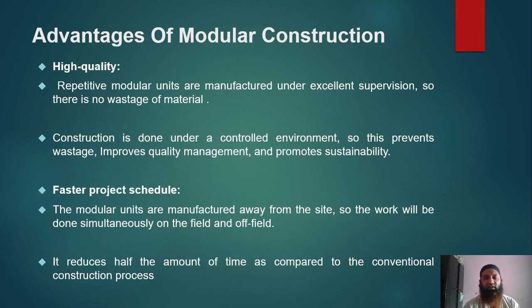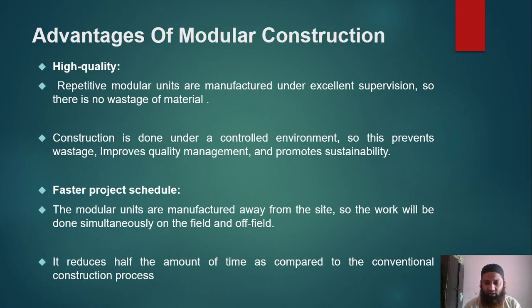You can see the advantages of modular construction: high quality. Repetitive modular units are manufactured under excellent supervision, so there is no wastage of material, whereas in on-site construction there is a lot of wastage of material, which might increase our cost of construction. Even these modular units, under excellent supervision, get the required strength, and we are able to manage the required guidelines also.